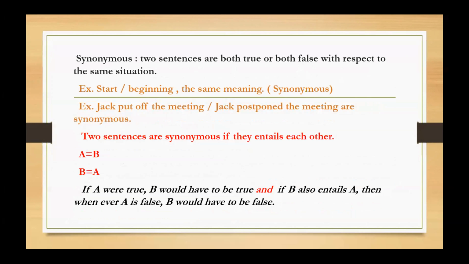They all have the same meaning. So if two sentences are synonyms, they entail each other because they have the same meaning. In this situation, we can reverse them because A equals B and B equals A.